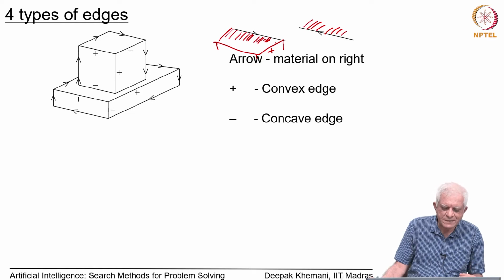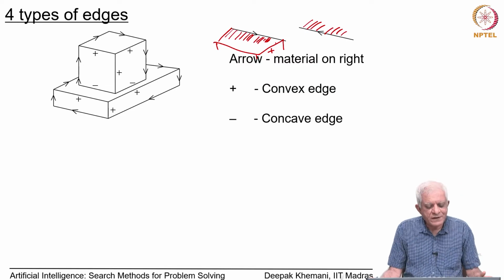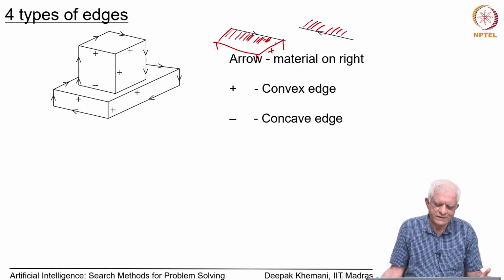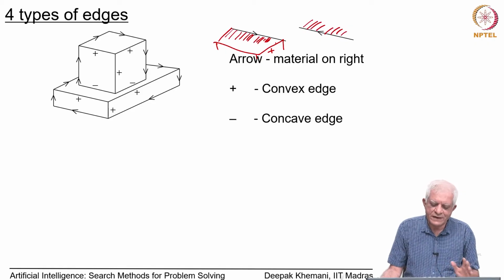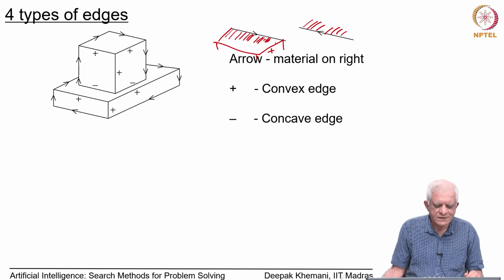So, here is an example of the same object that we saw in the last slide and the label that we are seeking. Our task is to arrive at this labeling for each edge, give it a value, and the value is from this domain of 4 labels telling you what kind of an edge it is.